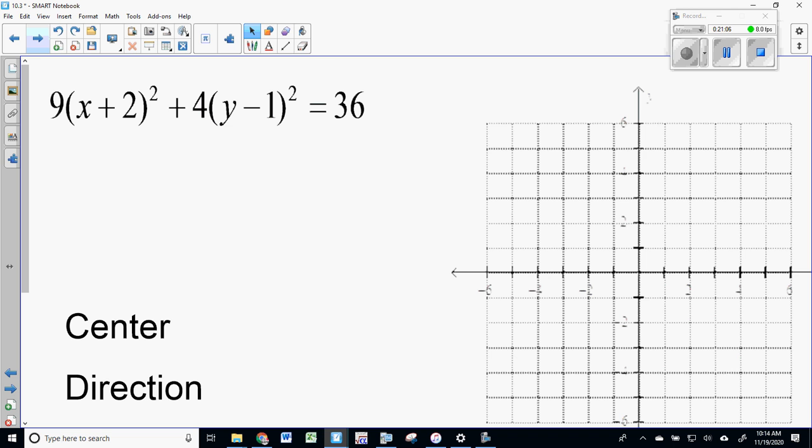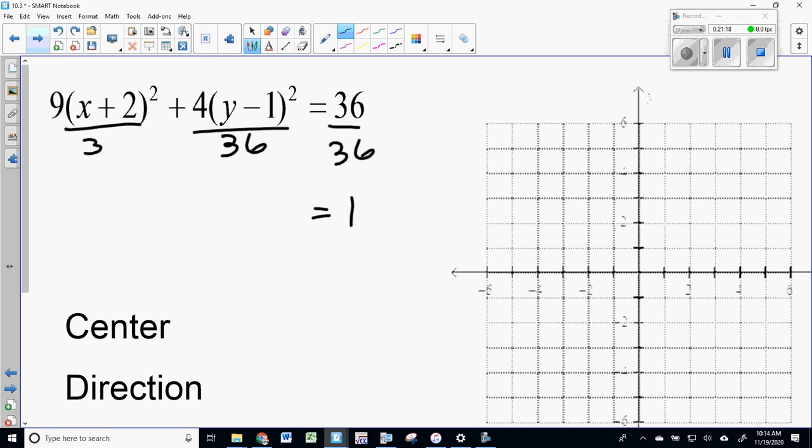And what you want to look at is over here. What do I have to divide that by to make it equal to 1? 36. And now over here, I divide by 36, and I will get this.